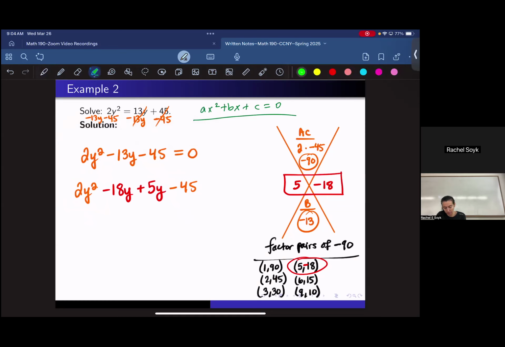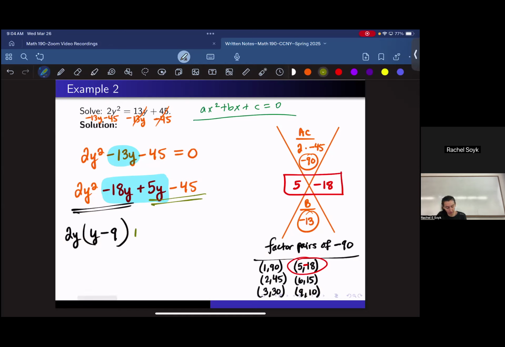Right, that's the manipulation of that middle term, breaking it up into these two values so that we can pull out a GCF from each of these terms. We'll pull out a 2y for the first. And then for the second, we can pull out a 5.